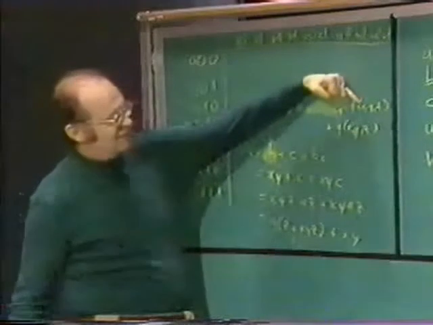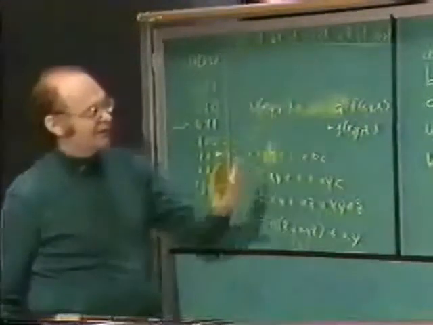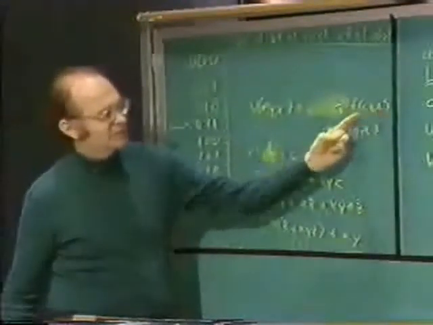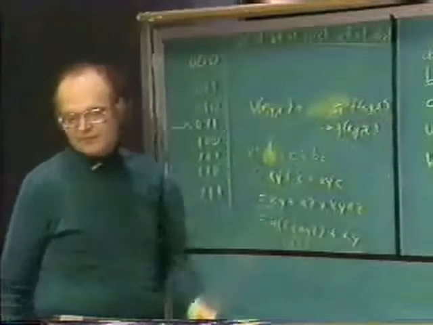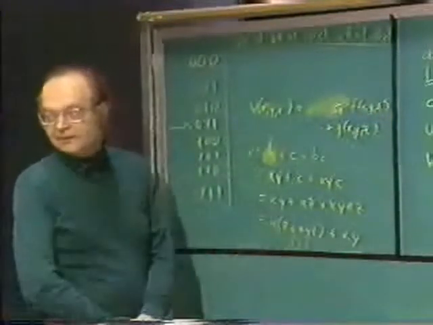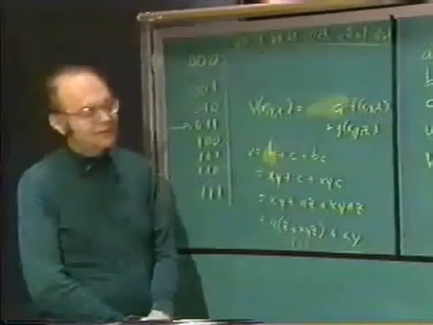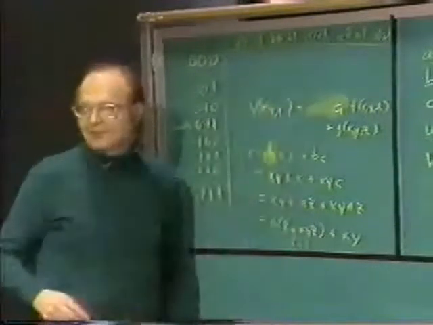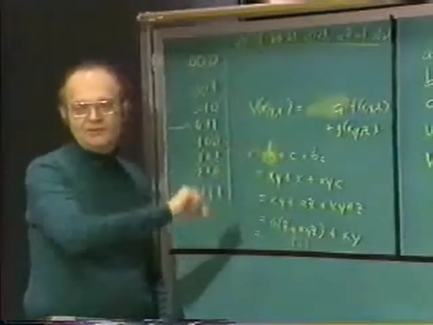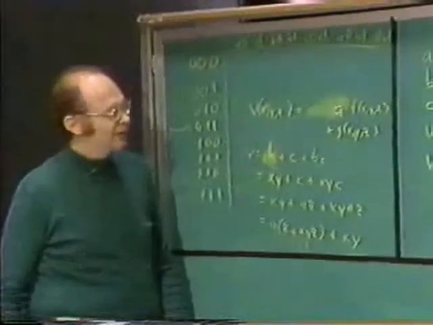So if f is 0, as a function of the inputs x, y, and z, this is the case that A is not getting through to the output at all. But if f is 1, A is definitely getting to the output because changing A from 1 to 0 is going to complement the value of the output.